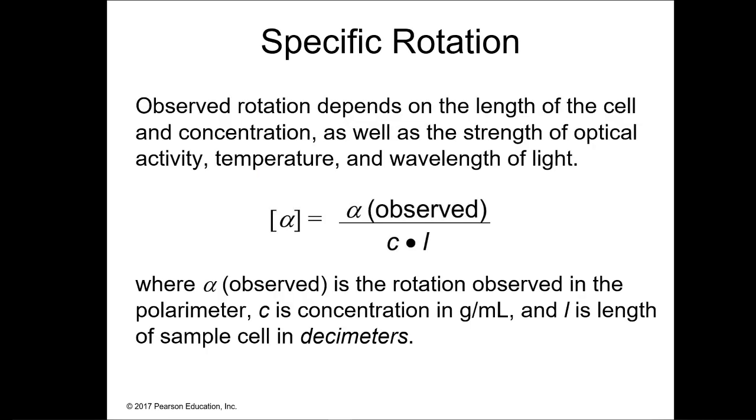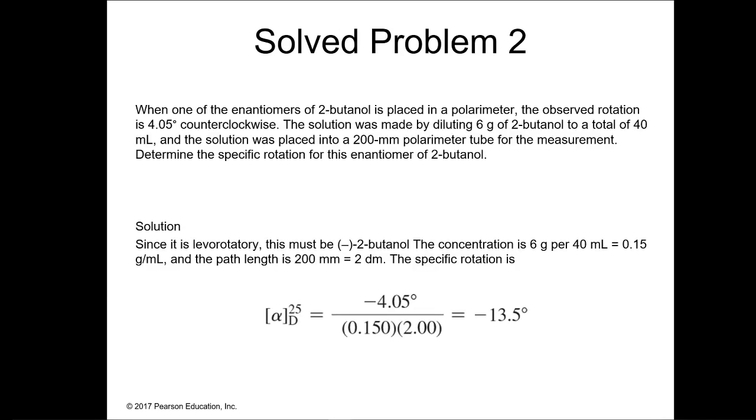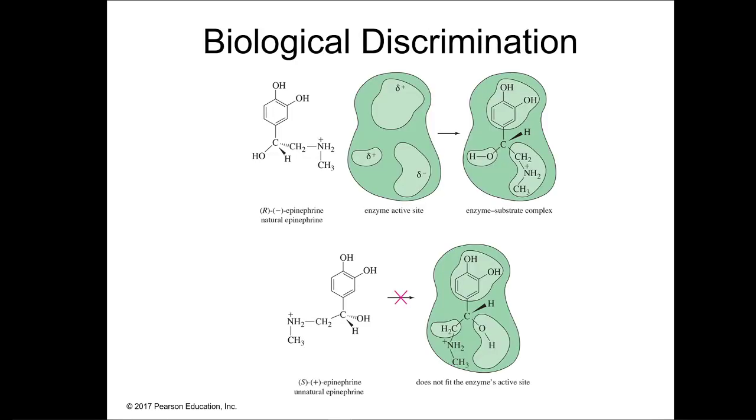This is what it means. We're not calculating any of this. Specific rotation is something you can calculate, and you can do some things with this, but I'm going to skip it.